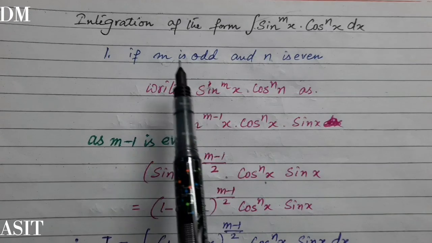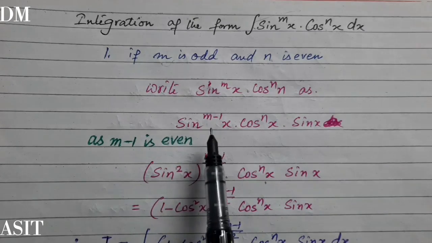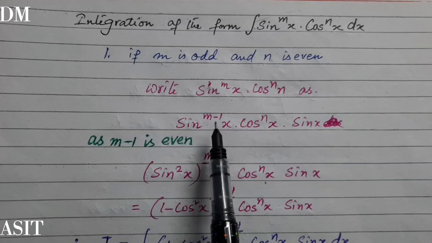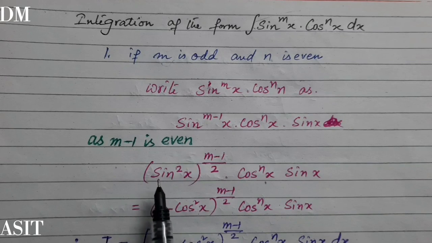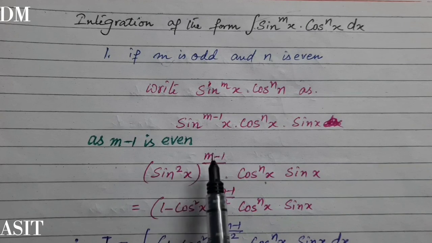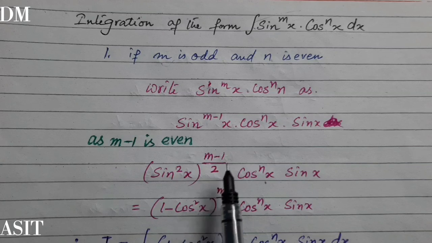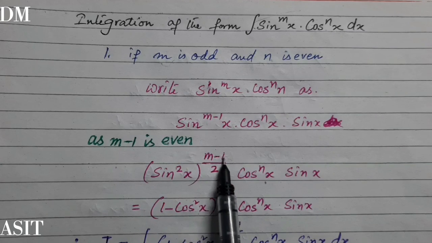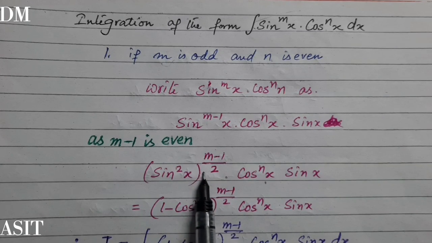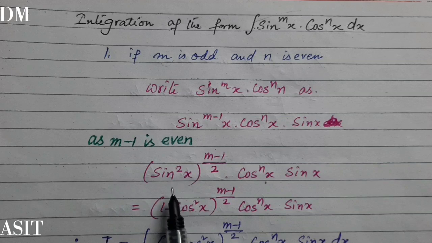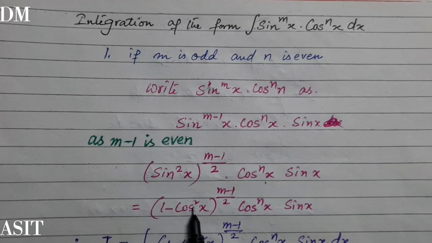Now since m is odd, then m minus 1 will be even. So therefore we can write sine square x whole to the power m minus 1 by 2. So here m minus 1 by 2 will be an integer. Now we can write this sine square x as 1 minus cos square x.